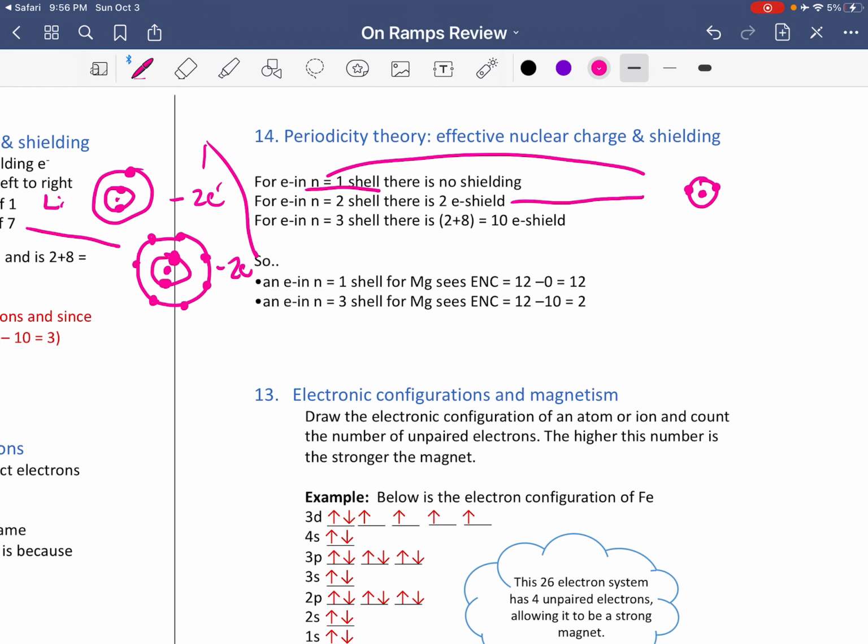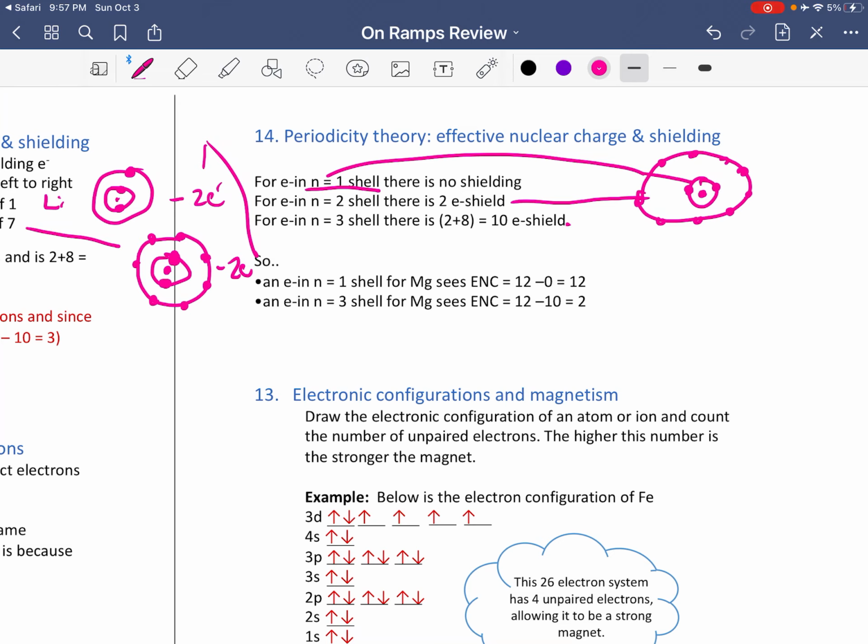If the electron is in the second shell, that means that 2 electrons are shielding it from the positive charge. That first shell, which is 2 electrons, is shielding it from that positive charge.